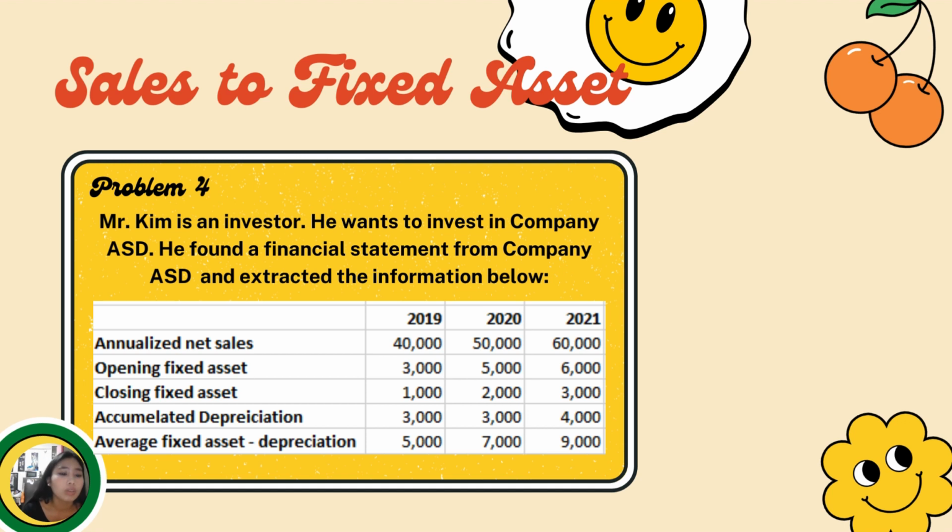So the annualized net sale is 40,000, 50,000, 60,000. Opening fixed asset is 3,000, 5,000, 6,000. Closing fixed asset is 1,000, 2,000, 3,000. Accumulated depreciation is 3,000, 3,000, 4,000. Average fixed asset depreciation is 5,000, 7,000, 9,000.